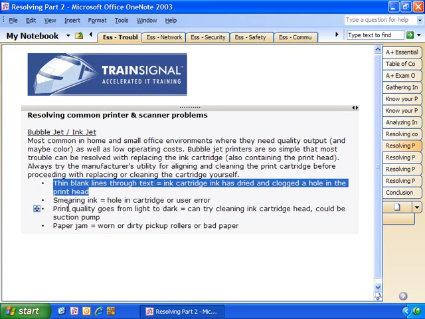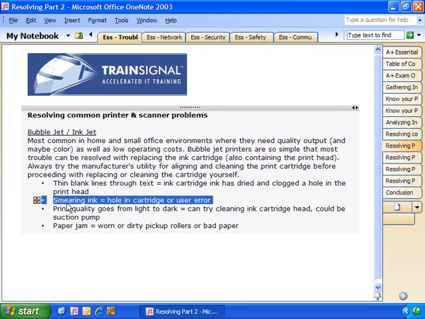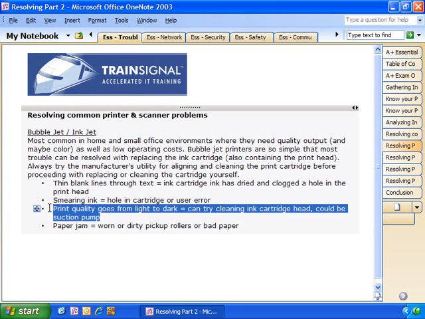Then there's smearing ink. Smearing ink is caused by a hole in the cartridge or user error, meaning a user went in and maybe cleaned the cartridge and accidentally poked it and it's leaking, or the cartridge has just gone bad and you just need to replace it. Next, there's print quality goes from light to dark.